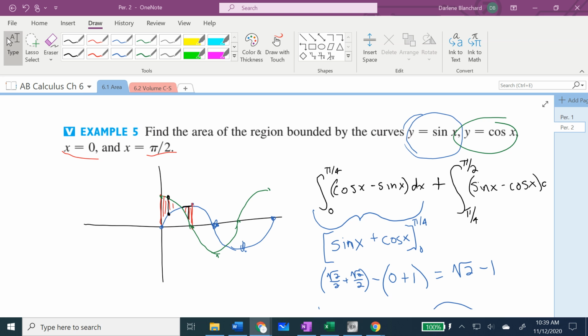Okay, got it. Hopefully that helps. So what I'm doing is I'm just putting my pen on one of the functions and drawing a vertical line toward the other one. All right.